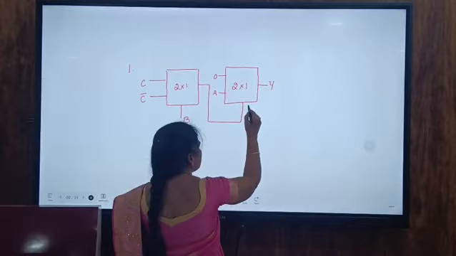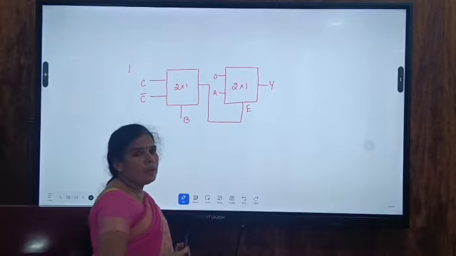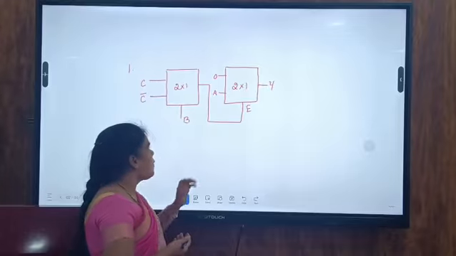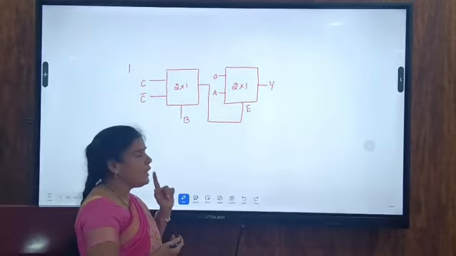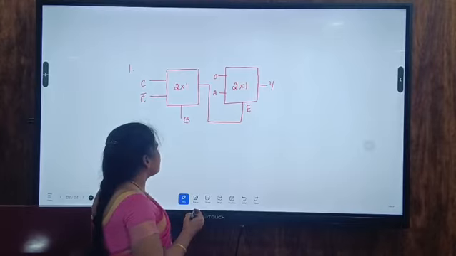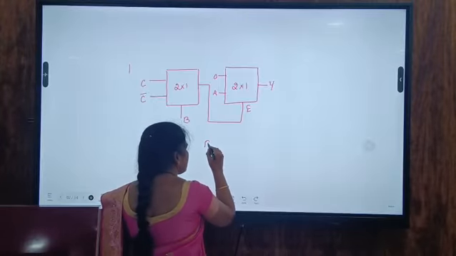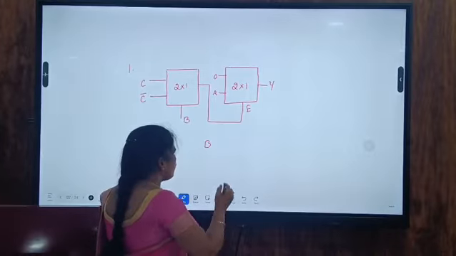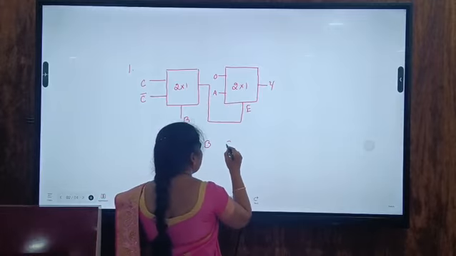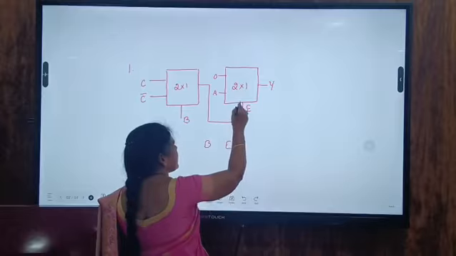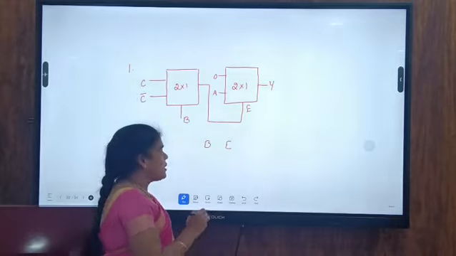Assume that this output is E. Now, to solve this type of problem, first we have to consider the truth table. For the first multiplexer, being 2 by 1, only one selection line is there, that is the B value, and the output is nothing but E. The same E is connected as the selection line for the second one.